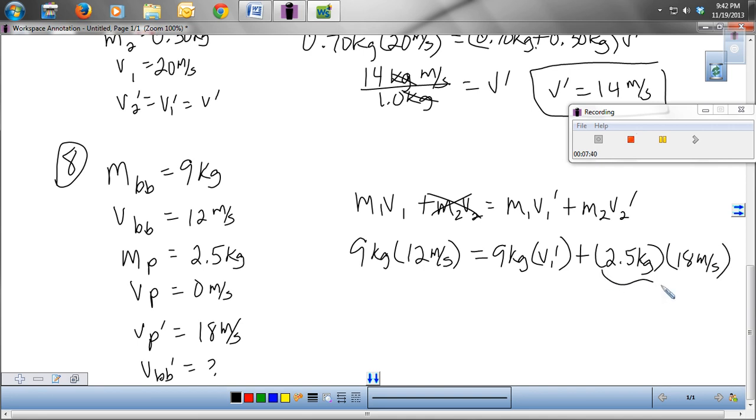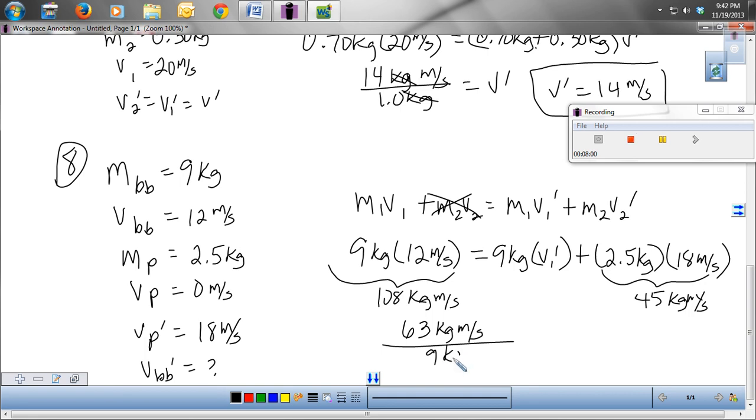So that's 45. This is 108. So when I subtract those two, I'm going to get, what, 63? I'm going to divide that by 9 kilograms, and that'll be my V1 prime. So when I did that, I got my V1 prime to be 7 meters per second.